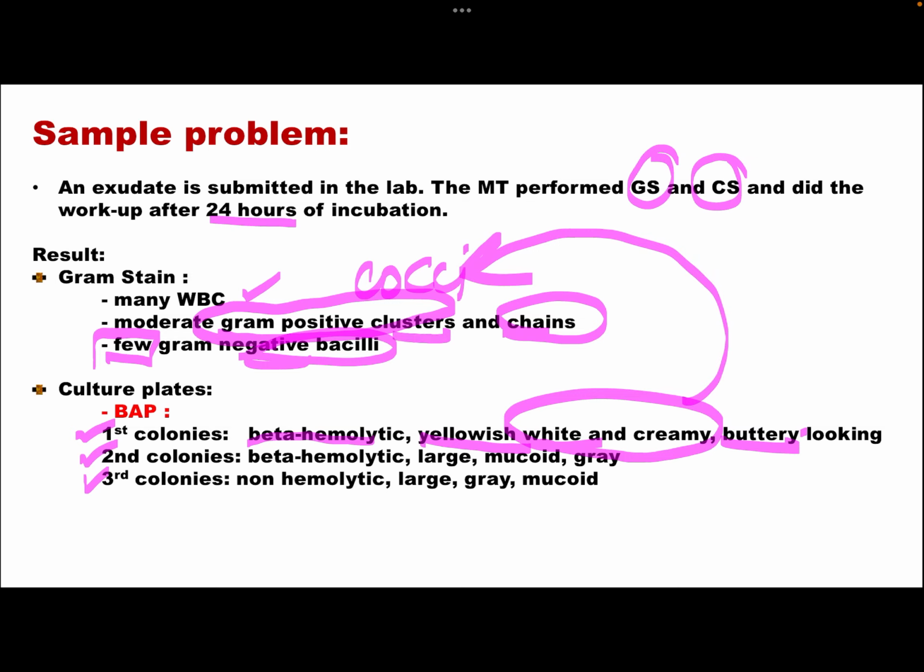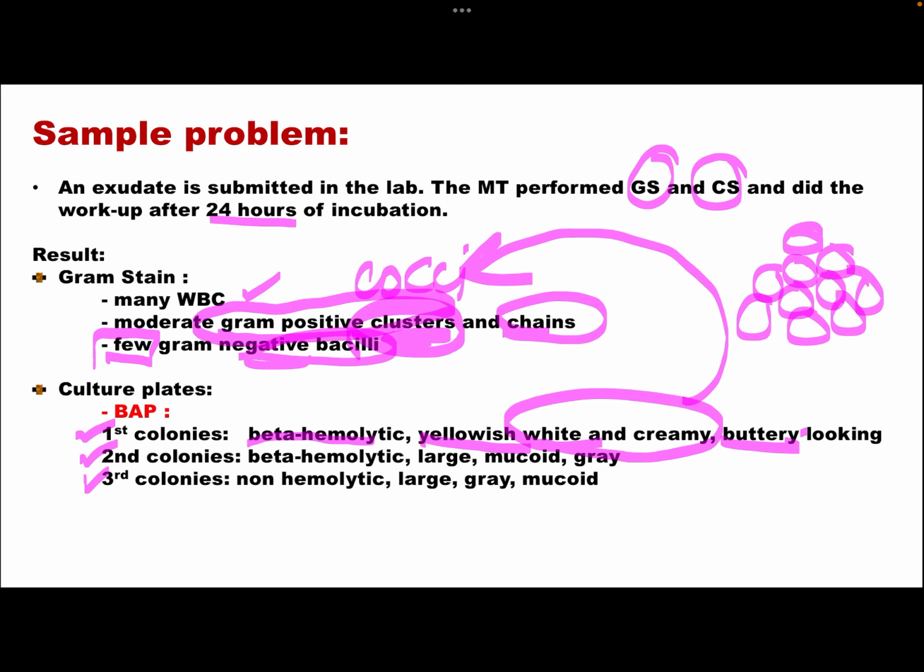And since you have clusters, or grape-like arrangement, probably that is staphylococci. But it's not yet conclusive because what you are given are just the gram stain result and the colonial morphology. So it's as if you are giving a clue to the doctor of what possible microorganisms are being isolated.